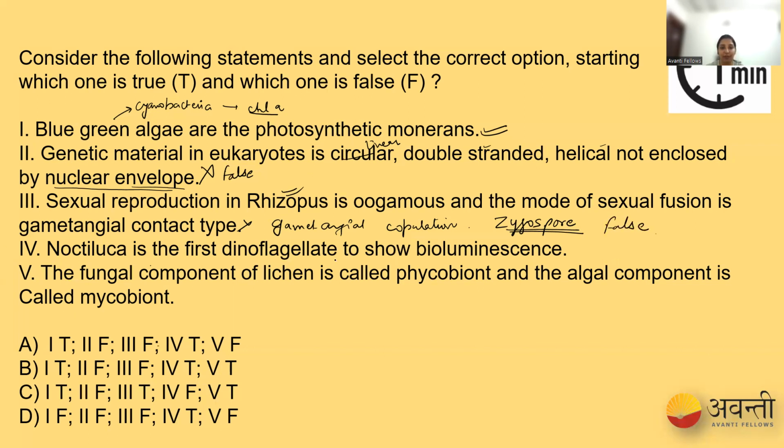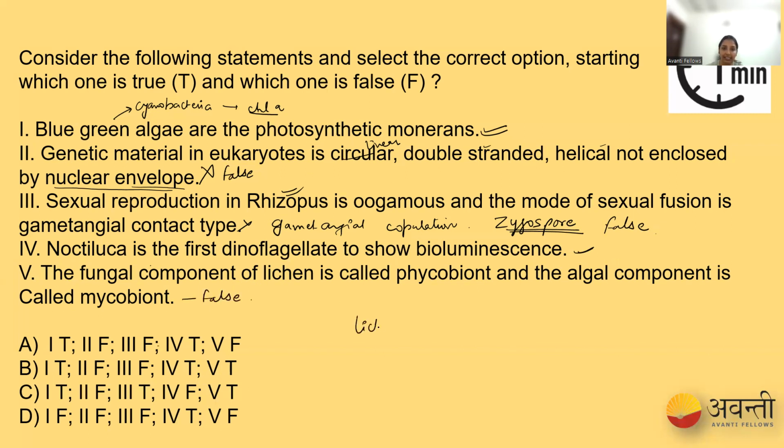Noctiluca is the first dinoflagellate to show bioluminescence. Absolutely correct. Fifth says the fungal component of lichen is called phycobiont and the algal component is called mycobiont. So fifth is also false.